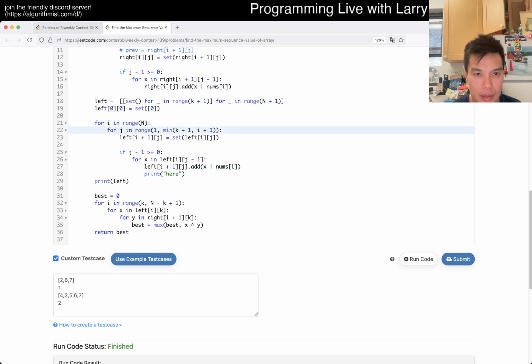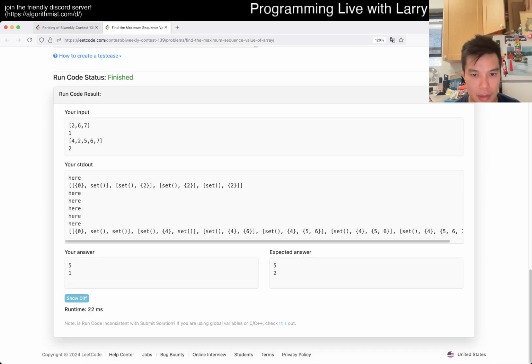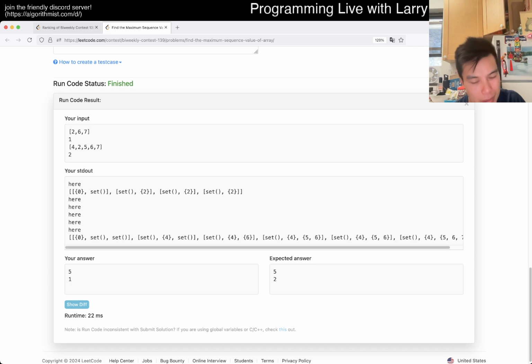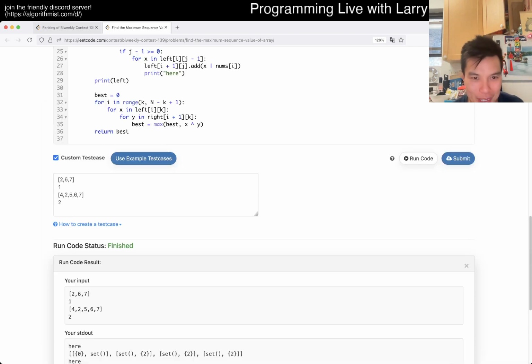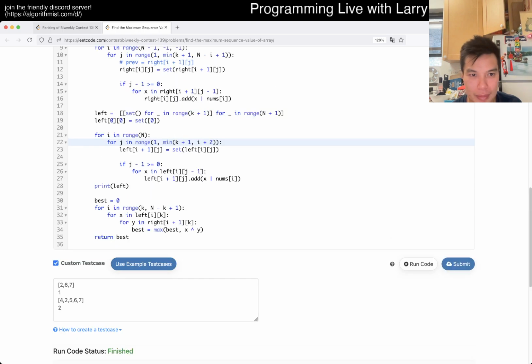Start at 1. k plus 1, i plus 1. Oh no, this should be. No, that's right. No, maybe. Okay. I think my indexing is still a little bit wrong, but I'm just so annoyed at this problem, honestly. 0, then you have 2, then you have 1.